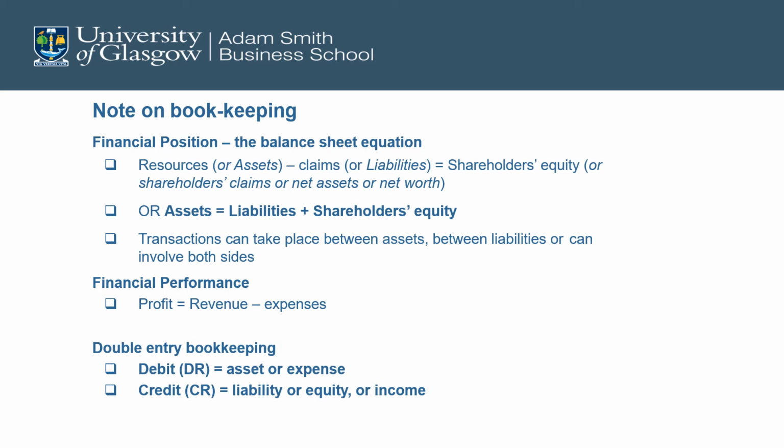For financial performance, what we usually refer to is profit. So profit equals revenue minus expenses. When you're doing double entry bookkeeping, you would debit the asset or expenses and then credit liability or equity or income.